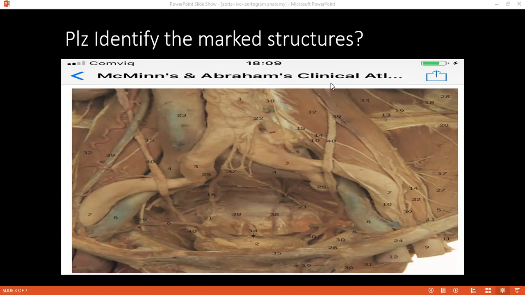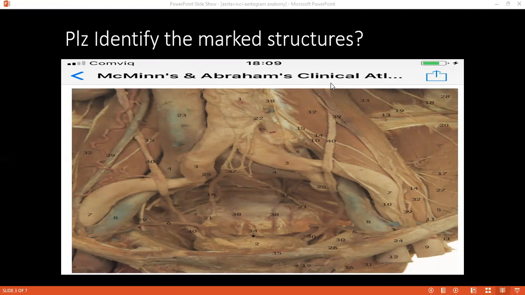All right, good. Which of these branches supply the gastrointestinal tract? The celiac, superior mesenteric and inferior mesenteric. Yes, very good.